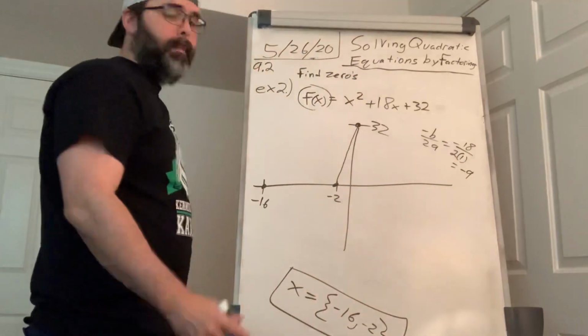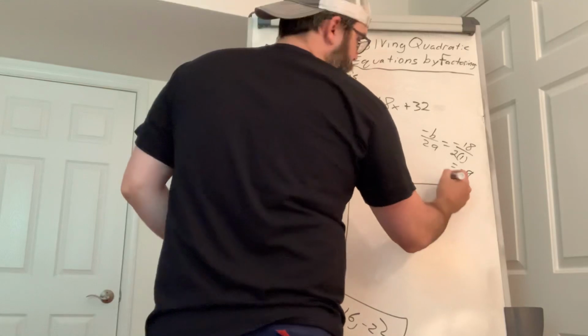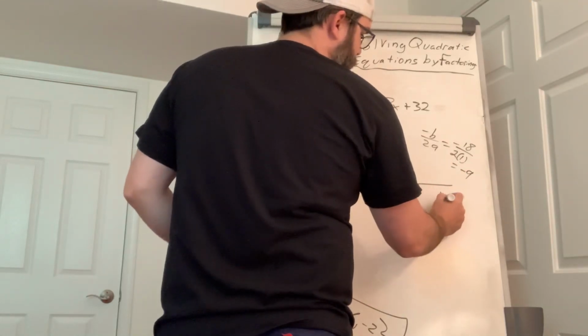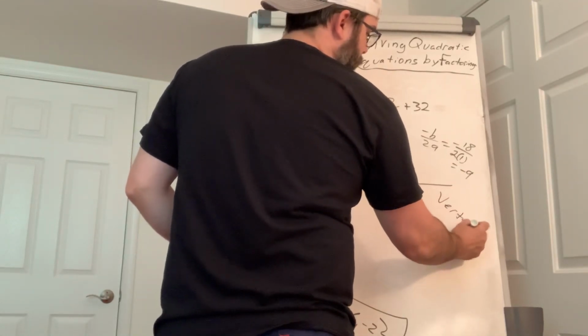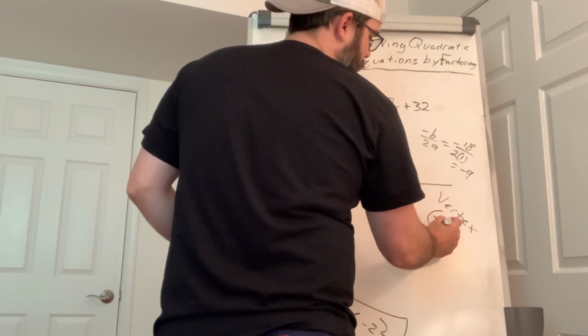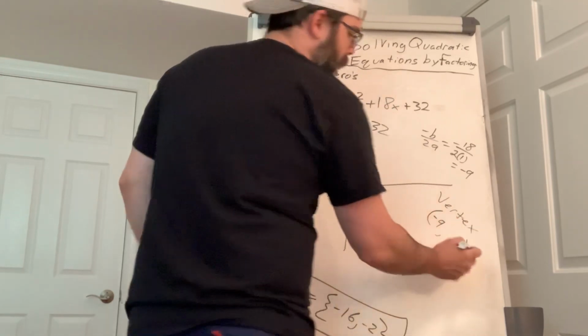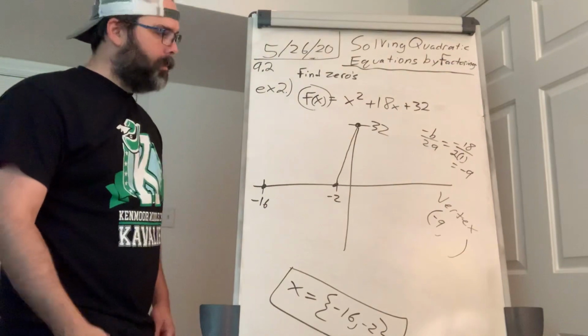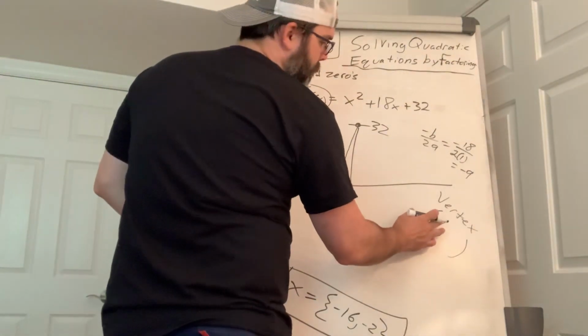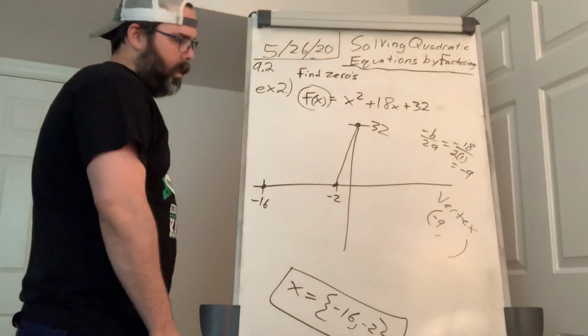That's my x value, my vertex. How do I find my y value?